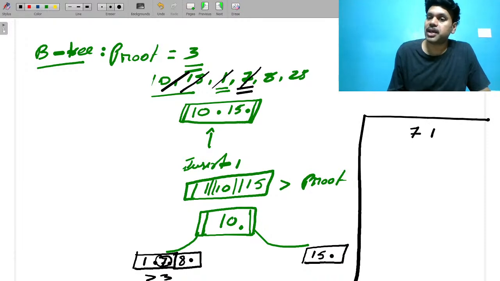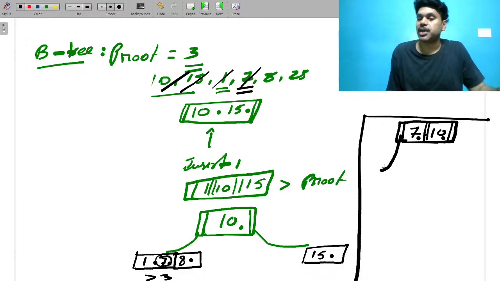Now 7 and 10 it looks like. As the 2 keys have come, there is a requirement of a separator. 7 dot, 10 dot. So observe carefully.